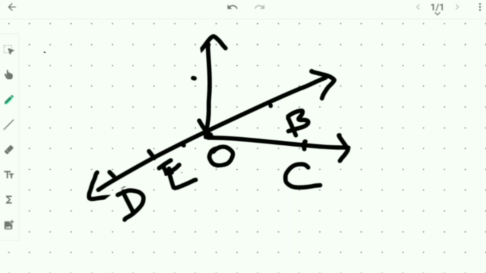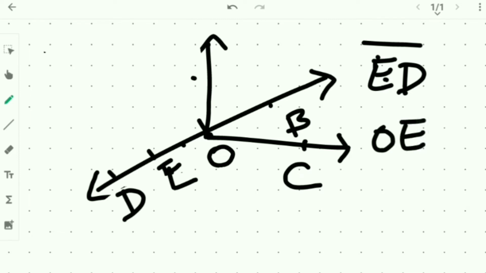5 line segments. Line segments will have 2 finite points. So it can be ED, one bar above that. You can also write it as DE. Then other will be OE. OE is a line segment. This particular line, OE. So you have a bar above that. 2 lines you've written.